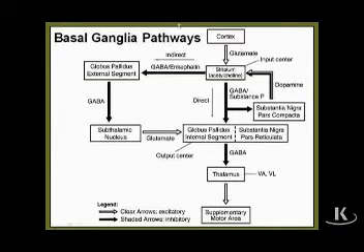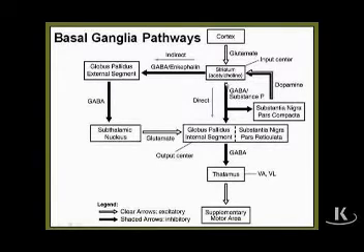So the direct pathway begins as such with cortical excitation of a specific population of GABA neurons in the striatum, specific in the sense that they are also co-localized and utilize substance P as a co-transmitter. So the direct pathway begins with cortical excitation of a population of GABA neurons in the striatum.